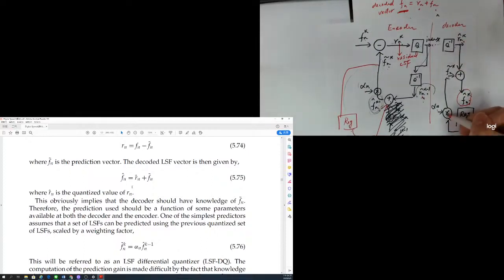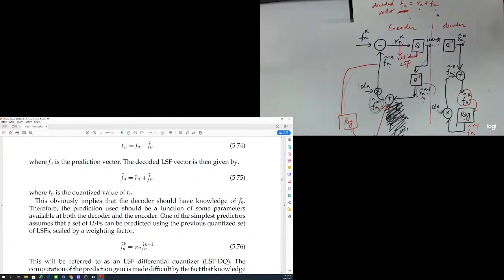So k plus 1 comes back, is multiplied by the coefficient, and goes back for k plus 1 and k plus 2. If we go down here, the previous one is f of n with k minus 1. So right now what you have is k plus 1 multiplied by r of n, and it becomes this one. Okay, got it? Sometimes they have a time index k here, so it is a little bit confusing.